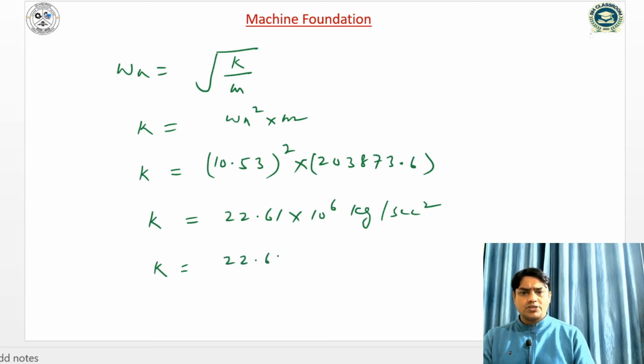So 22.61 into 10 to the power 6 Newton per meter is the spring constant.